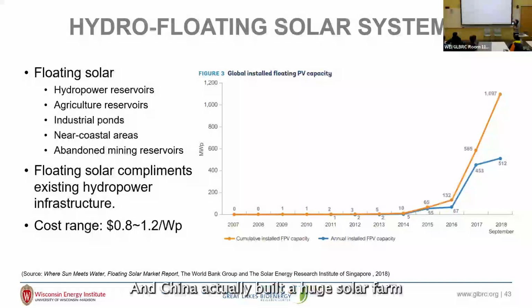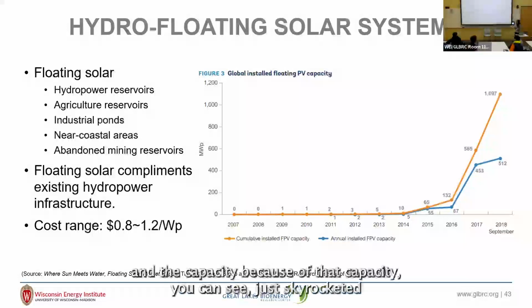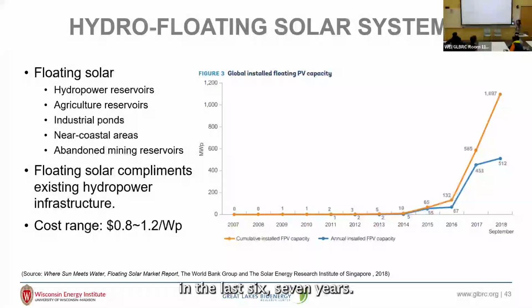And China actually built a huge solar farm on reclaimed mine reservoirs, which I thought was pretty brilliant. And the cost of floating solar has reduced over the years. And because of that, the capacity you can see just skyrocketed in the last 6-7 years.